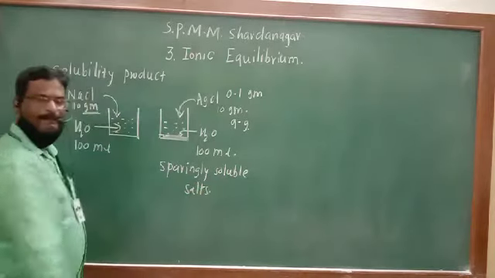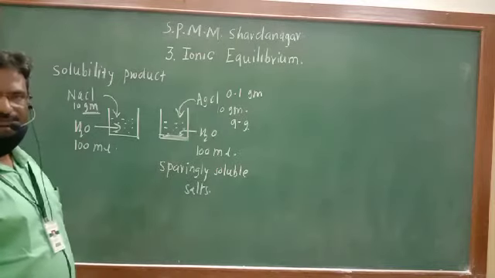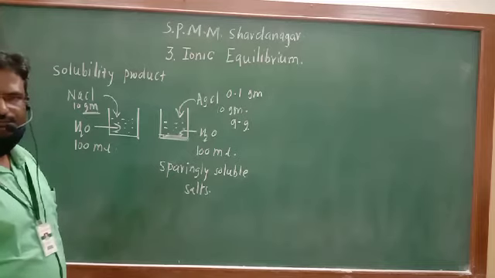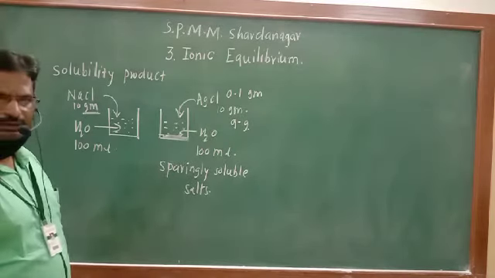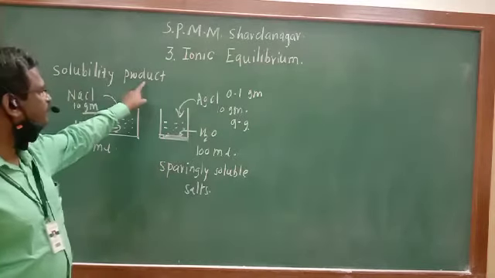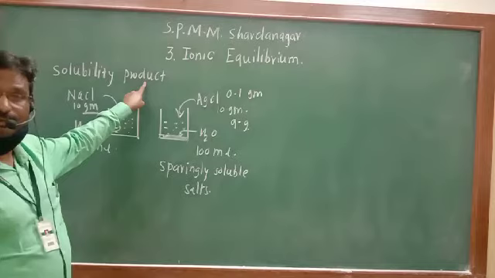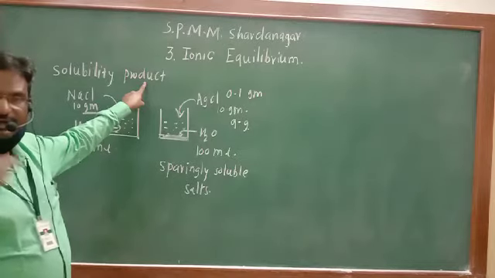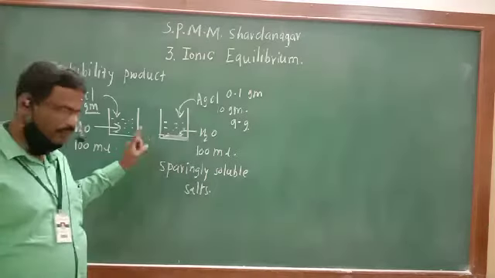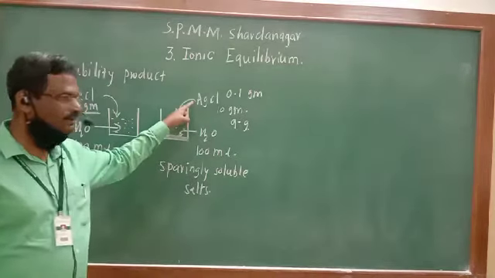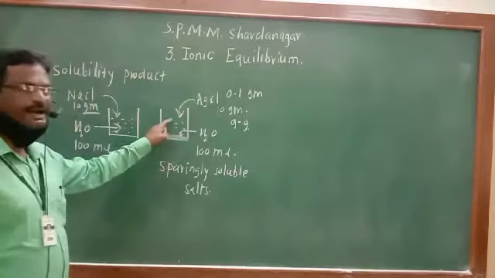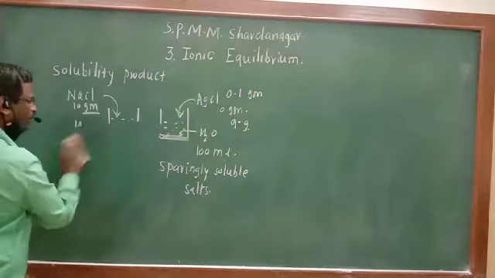The salts which, whenever added to the water, undergo a very less degree of dissolution are known as sparingly soluble salts, and this solubility product is the term confined to sparingly soluble salts. Now let us see the solubility product of such a type of sparingly soluble salt. See this fact in detail. See how it happens.